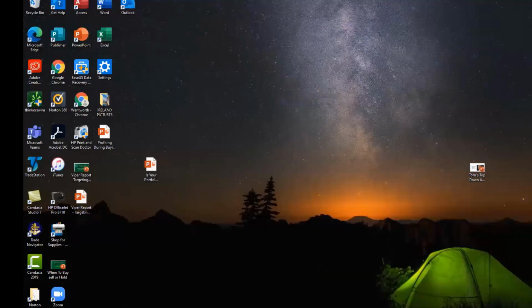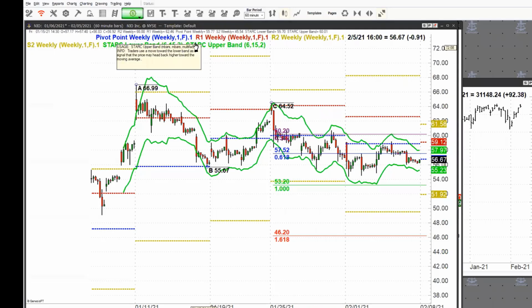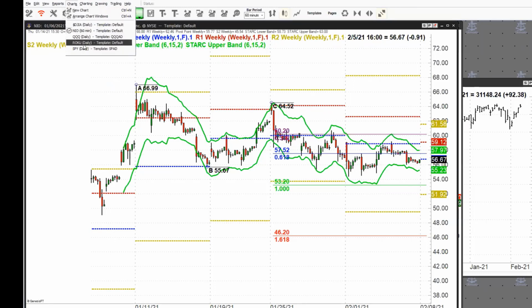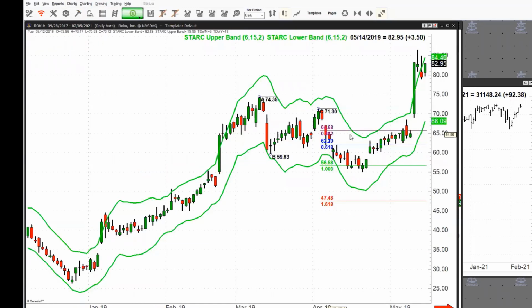So let's look at that formation using the same sort of equality target, and if I can find the chart here. So here you have the same move. You had a high here, 74.35, so you dropped to 59.63.